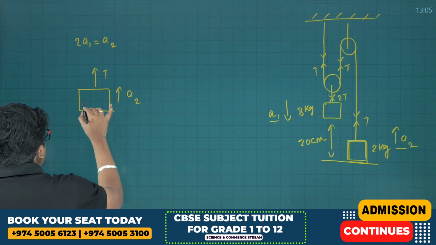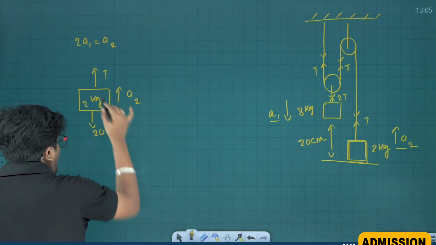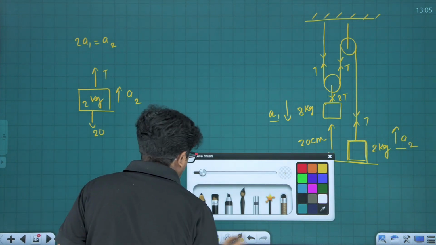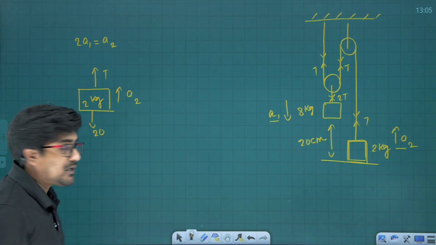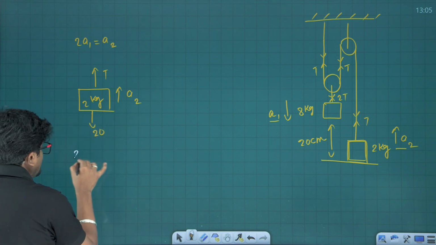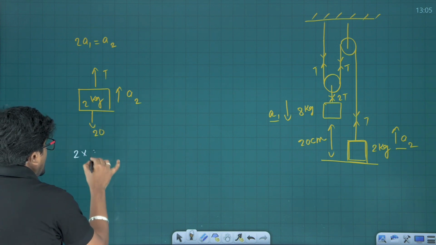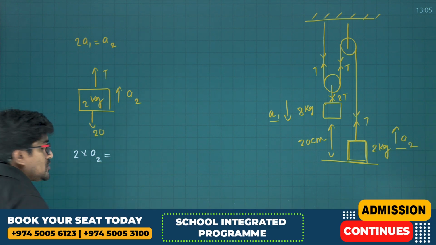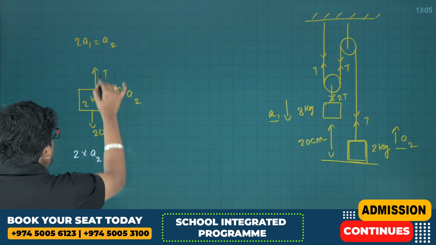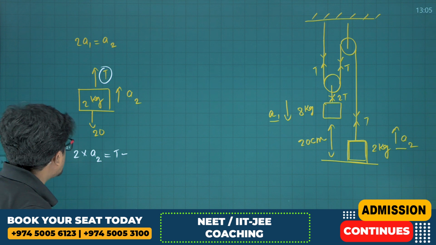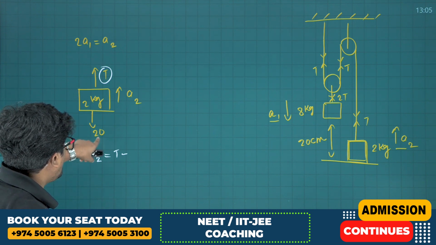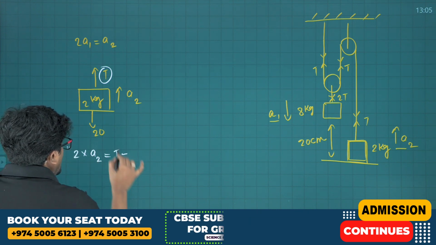The mass is 2 kg. Now the equation of motion: mass 2 into acceleration A2, so m into a in the upward direction is the upward force, that is T minus 20.